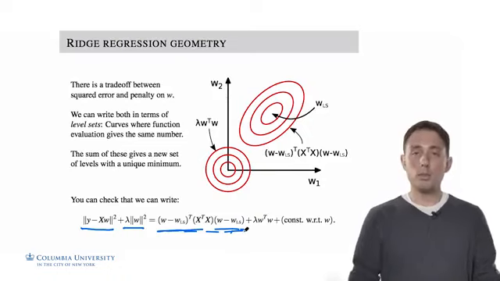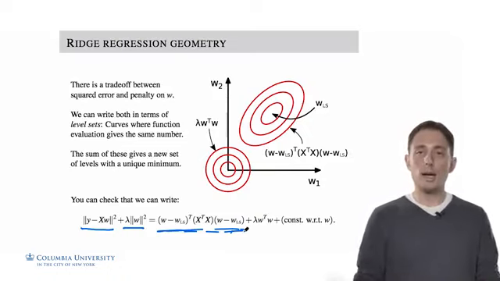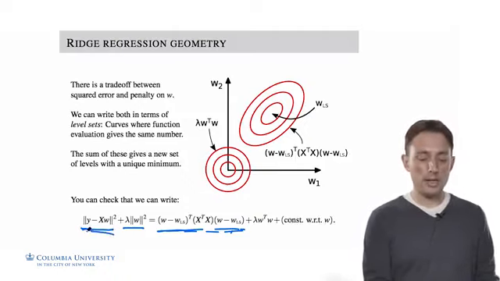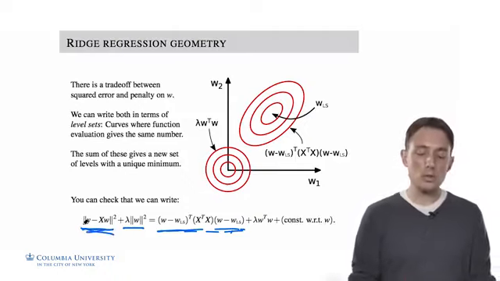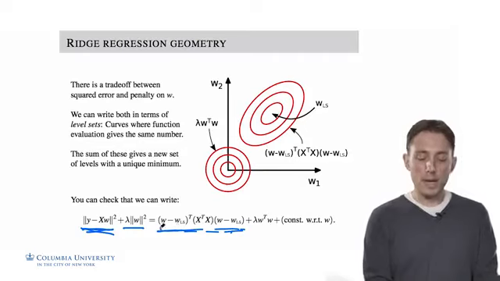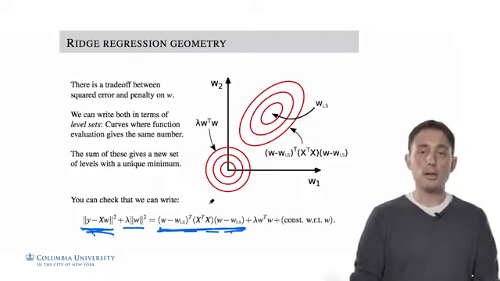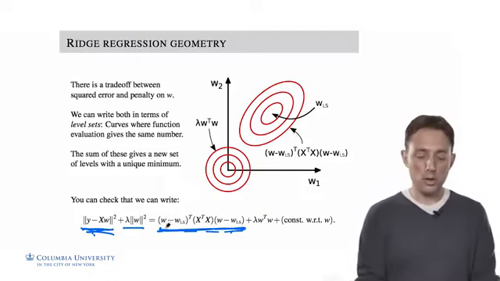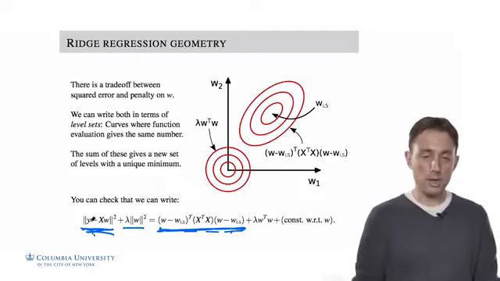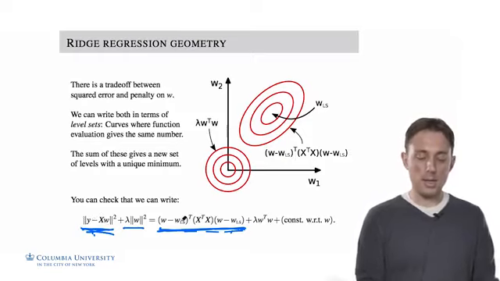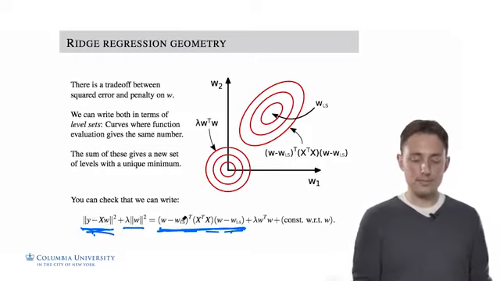Multiply this entire thing through, reorganize, determine what constants you need to add, and what you'll find is that you can get this term back again. So it's a useful exercise. But writing this term as being equal to this term plus a constant allows us to write intuitive level sets for this term here. That's given in terms of the least squares solution.